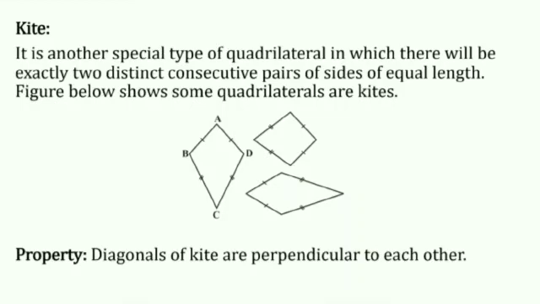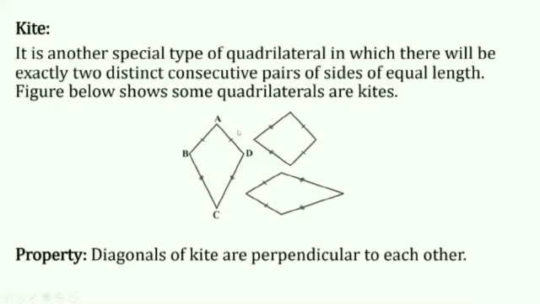Next one is the kite. In this type of quadrilateral, you will see two adjacent sides. In this quadrilateral ABCD, AB and AD are adjacent sides, BC and CD are adjacent sides, AD and CD are adjacent, and AB and BC are adjacent.